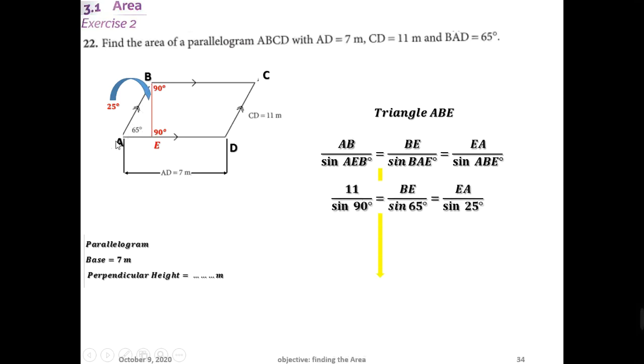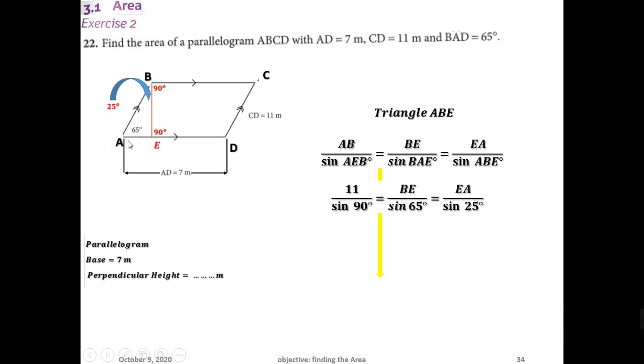So let's substitute. The length of AB is 11 meters over sine of the angle that is opposite to AB, which is sine of 90. BE is unknown, which is what we're looking for, over sine of 65.